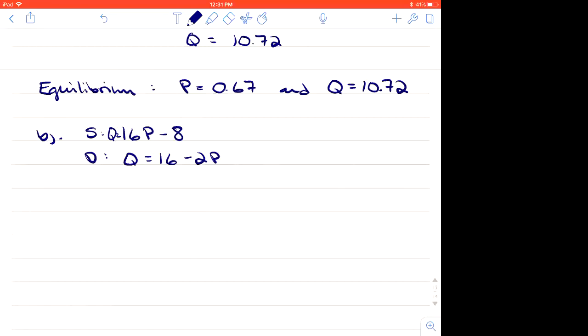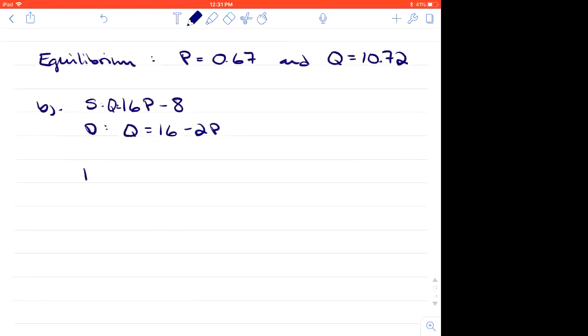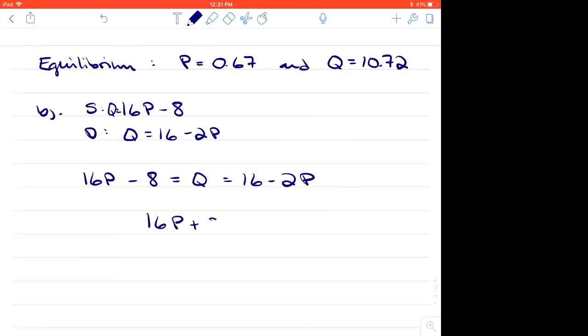Setting these two equal to each other, I have 16p minus 8 is Q, which is 16 minus 2p. I'll move the 2p over to the left-hand side and the 8 over to the right-hand side. So then I get 16p plus 2p is 16 plus 8.